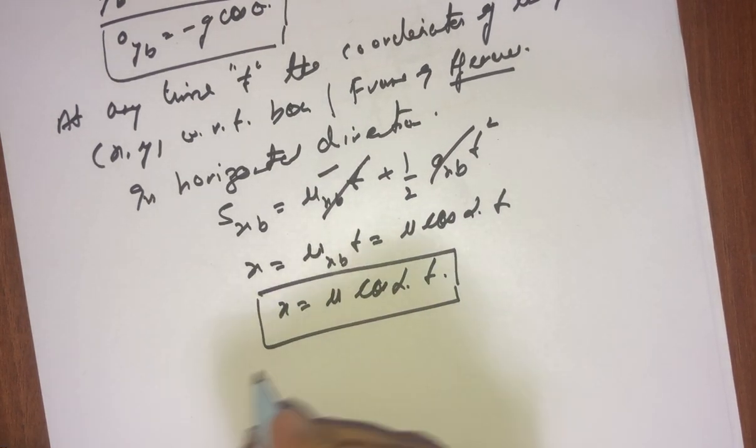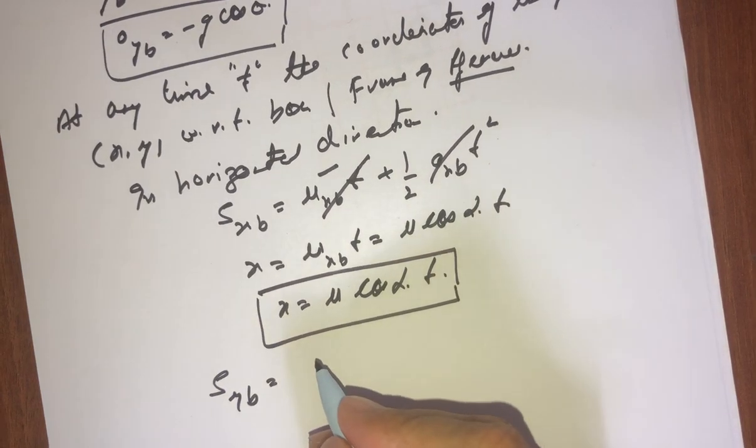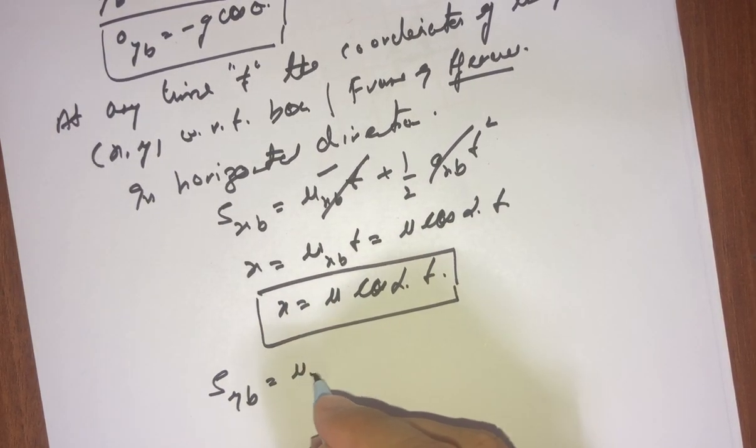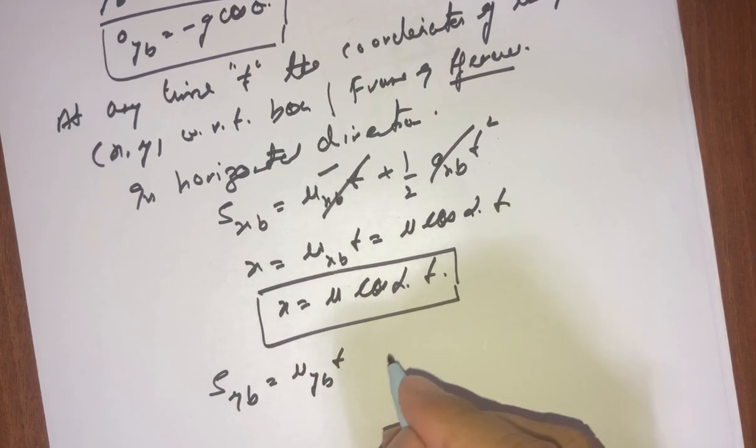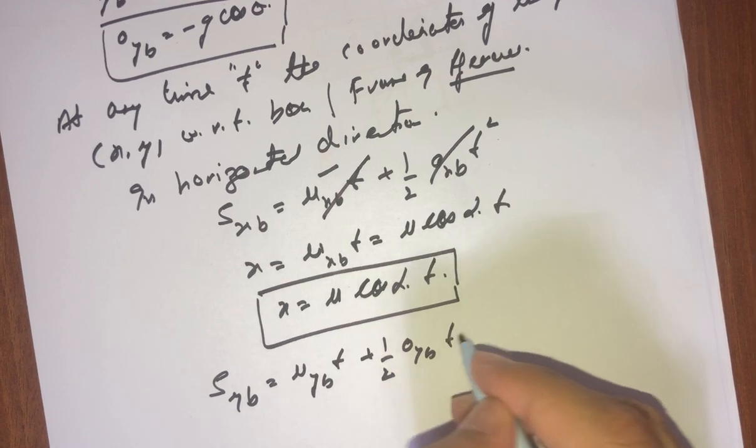Similarly, we find the y component with respect to the base. So we write uyb into t plus half ayb t square.